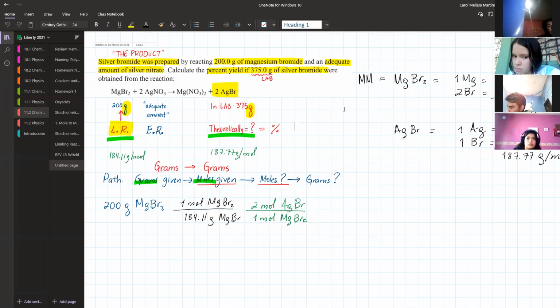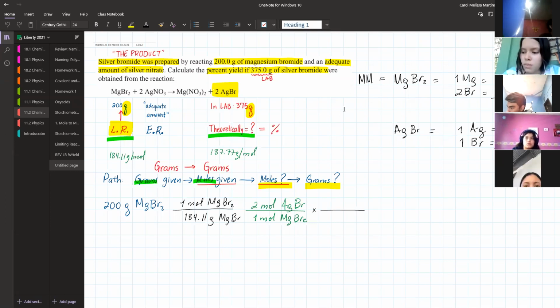And then I continue with the other step, that is from moles unknown to grams unknown, that is molar mass of the unknown. So in 1 mole of AgBr, I have 187.77 grams of AgBr.